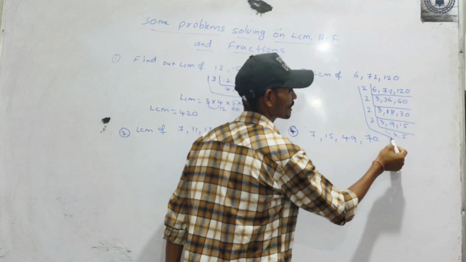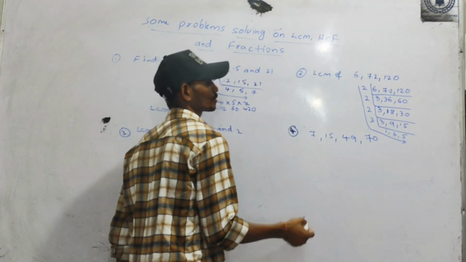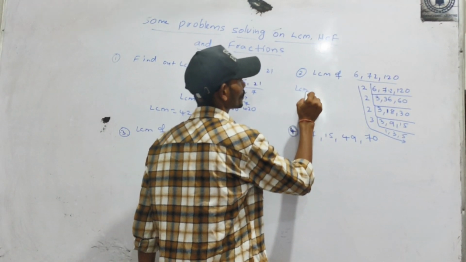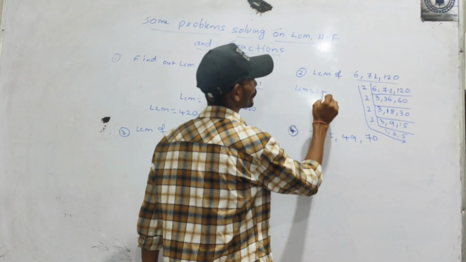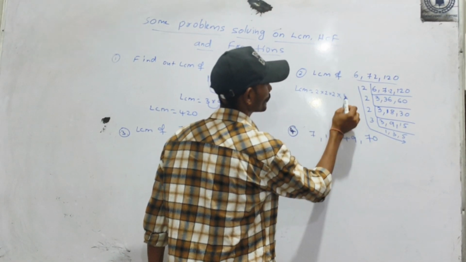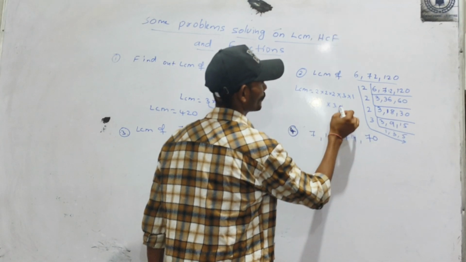So now the LCM ends, and whatever is outside you multiply, and that product becomes the LCM of these numbers. So LCM is equal to how much? 2 into 2 into 2 into 2 into 2 into 3 into 1 into 3 into 5.